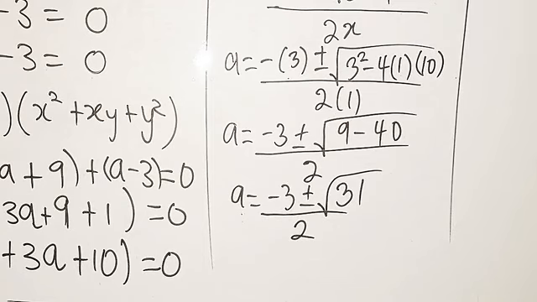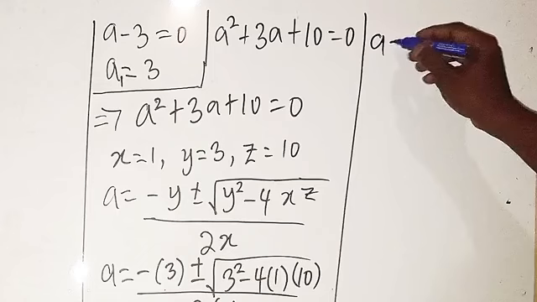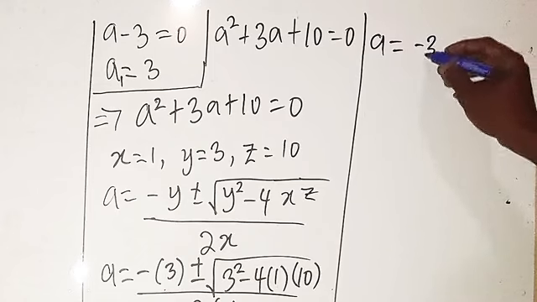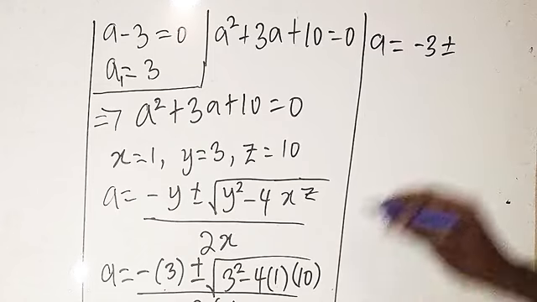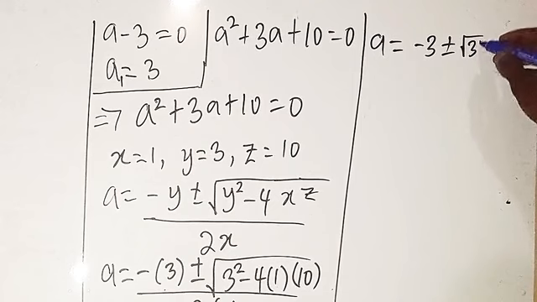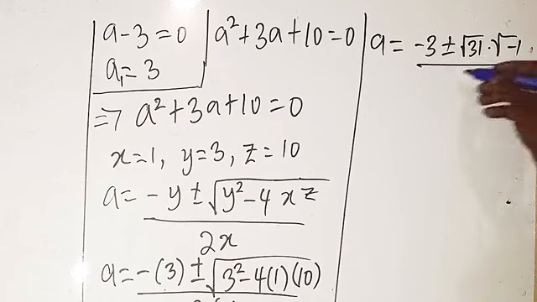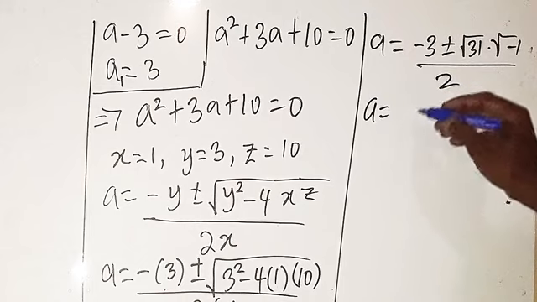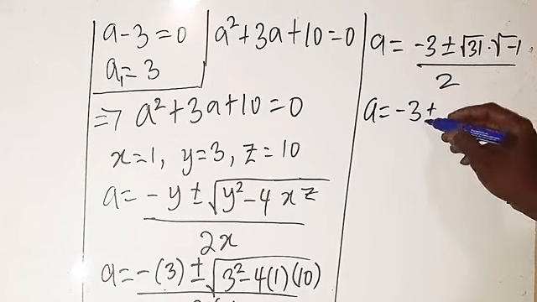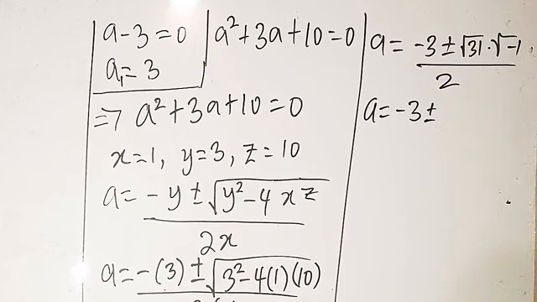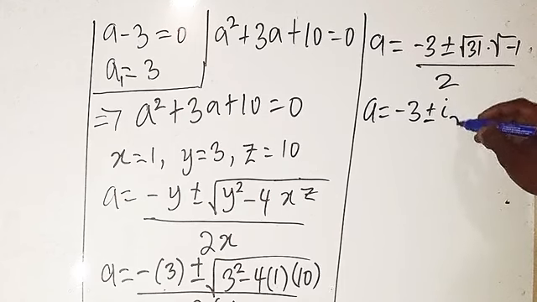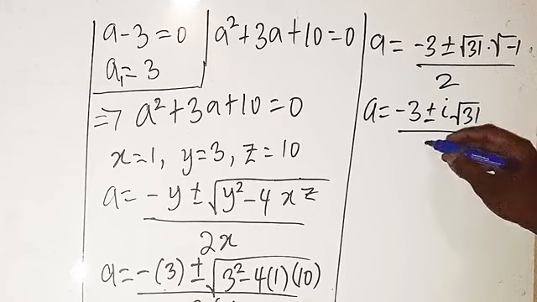So now from there we move on. We can split this as root 31 times root of minus 1, all over 2. Now root of minus 1 is i, so we have i times root 31, all over 2.